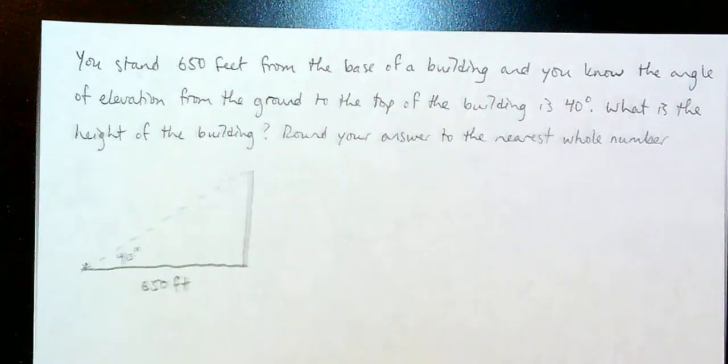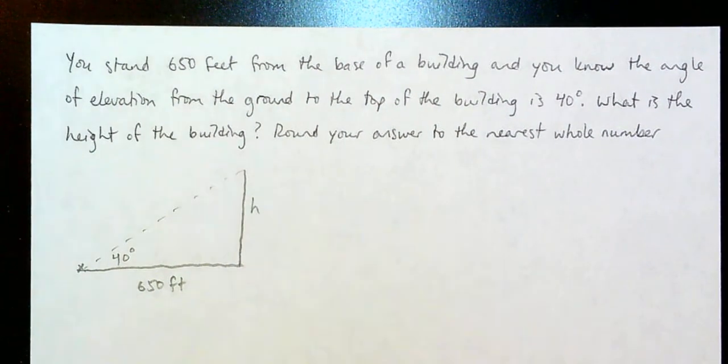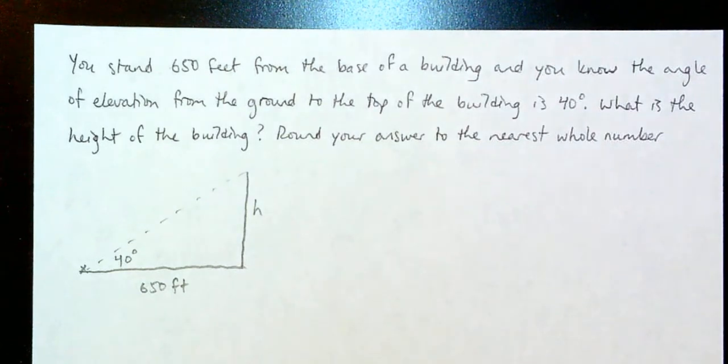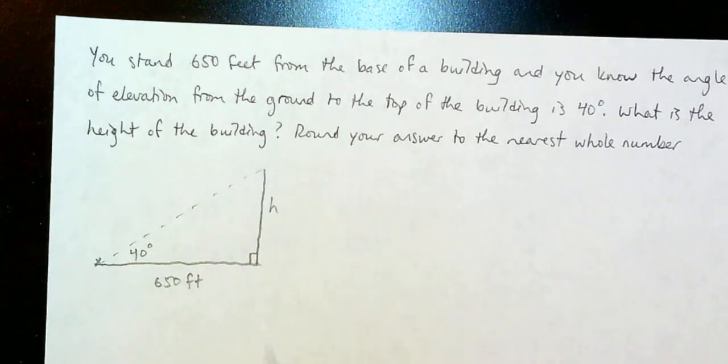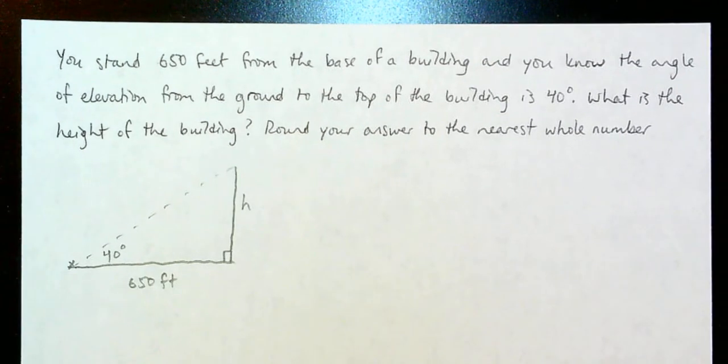I want to know what the height of this building is. I want to know what that H value is. Okay, so what you have to do at this point, once you've labeled your picture and have values on there that you have correctly taken from the word problem, is look at the sides of this right triangle that you're given and figure out what trig function I want to use here.